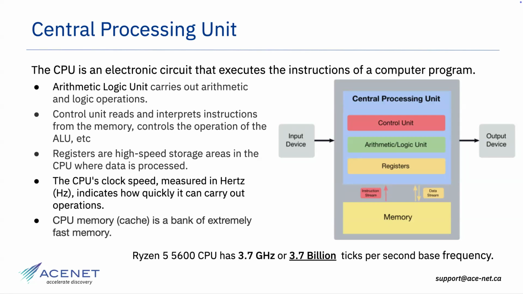So what are the functions of these main CPU components? The arithmetic logic unit carries out arithmetic operations such as addition, subtraction, multiplication, etc., as well as logic operations, or, and, not, etc. The control unit reads and interprets instructions from the memory.